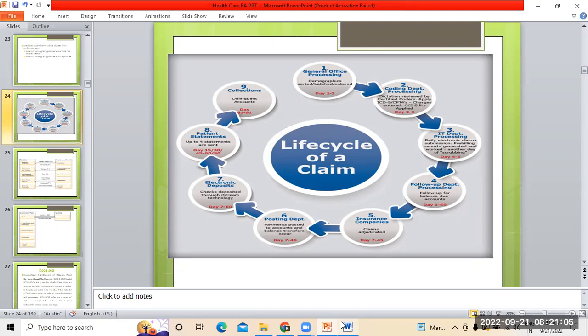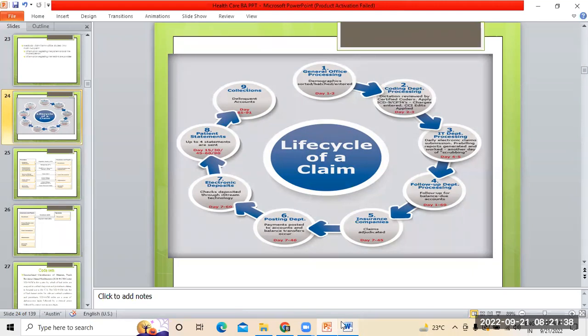Followed by this, the fourth step is follow-up department processing, where we have to follow up on whether there are any due accounts which are balanced here, or whether anything needs to be added to the existing ones. These are the four basic steps which are common for any claim life cycle.